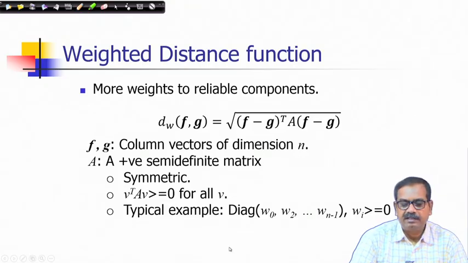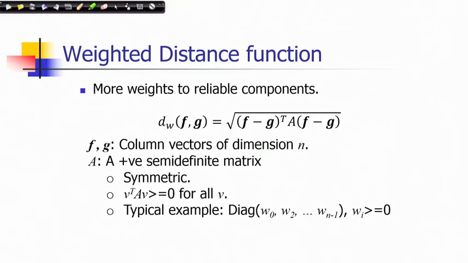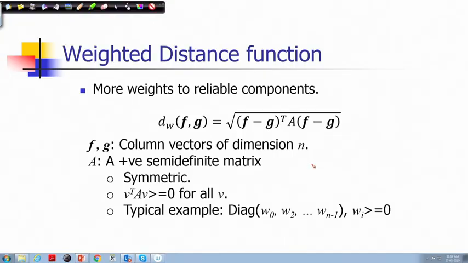A typical example of A is given here. Note that this is a diagonal matrix, which we can represent in this form, where we write W0, W1 to Wn minus 1.